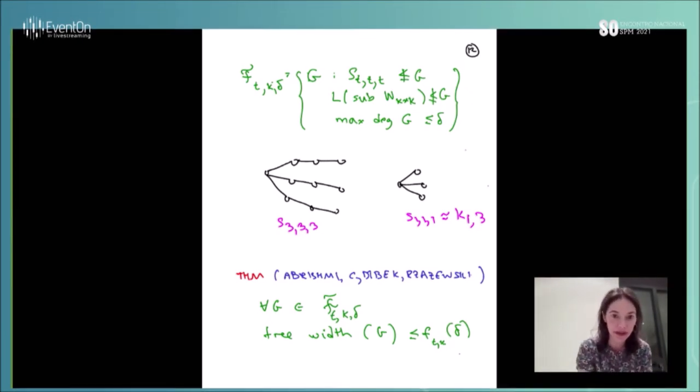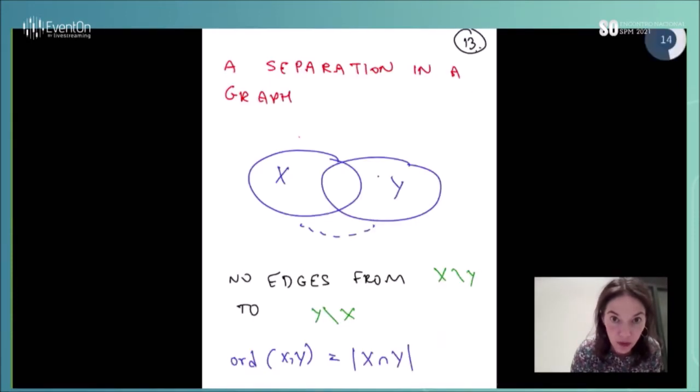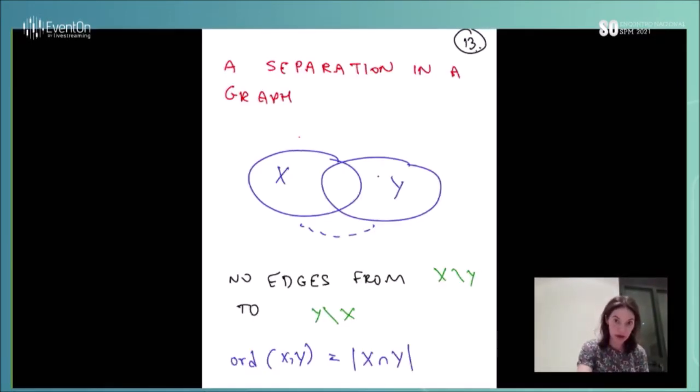So let me not go into that now. Okay, so we have this theorem. So now let me tell you a little bit about the proof.